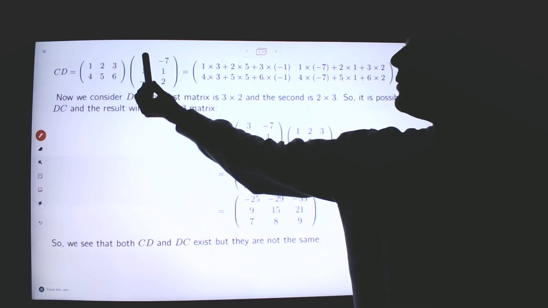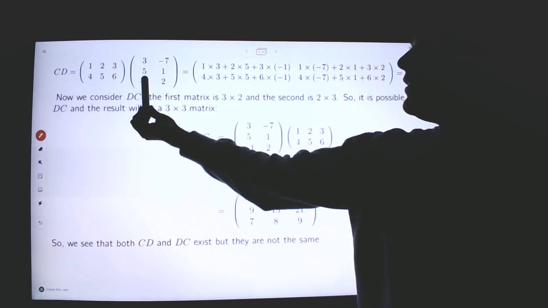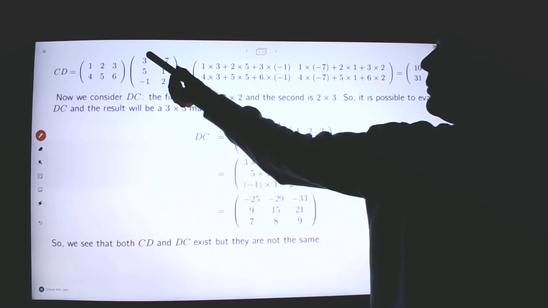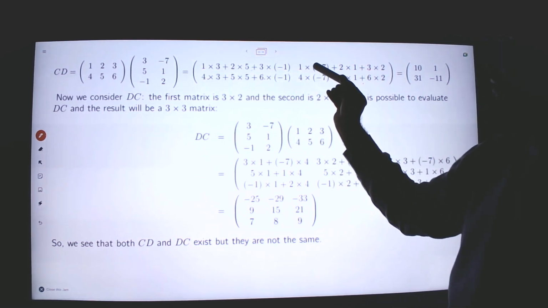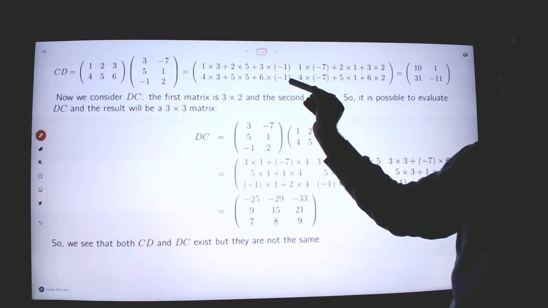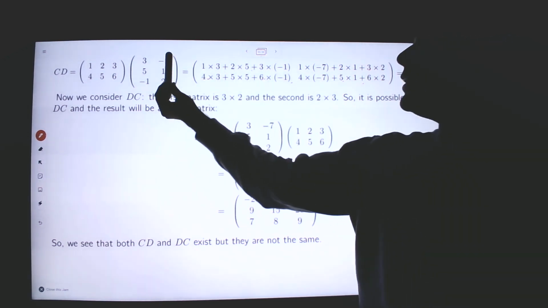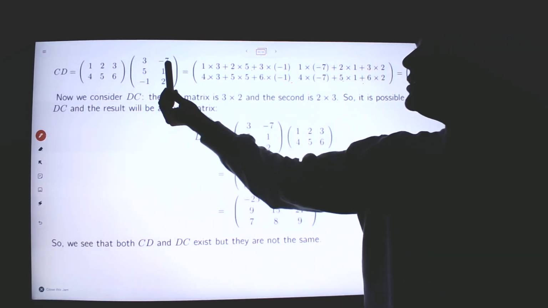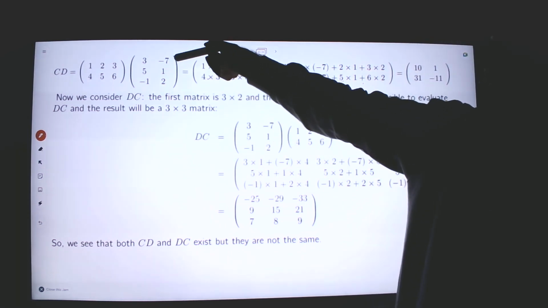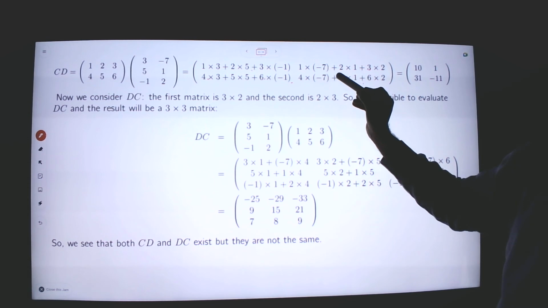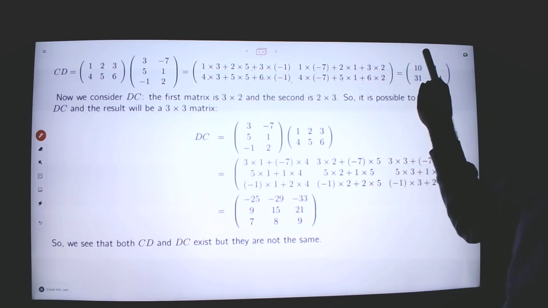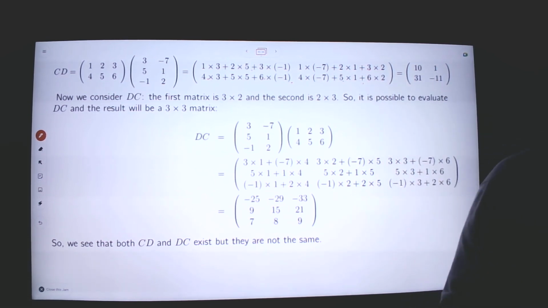Pick it up and move that way. And that one is minus 7, 1, 2. Pick it up and turn it that way. That's another way, but it's up to you which way you prefer.